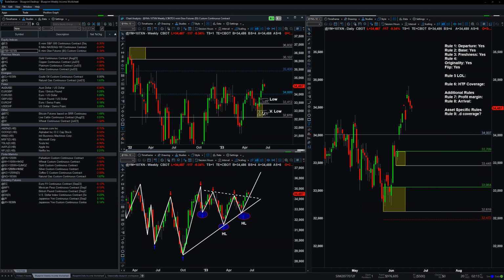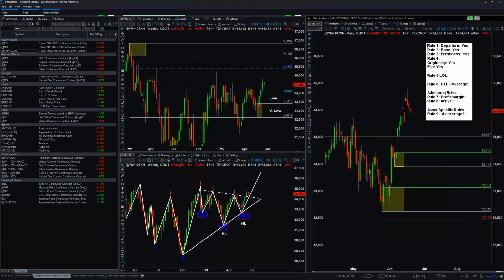Here we've got the coverage of the higher time frame. Here I don't. Here I have the coverage. Okay, so level on top of level. Now the question is, do we have higher time frame coverage?